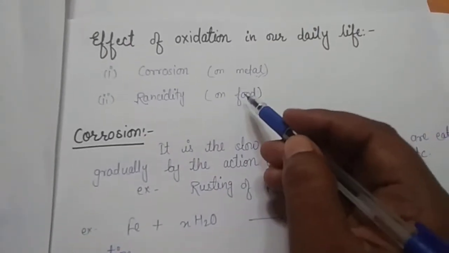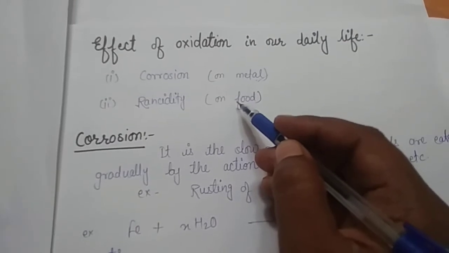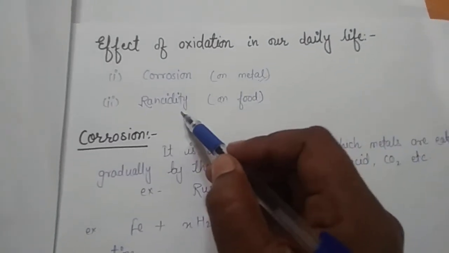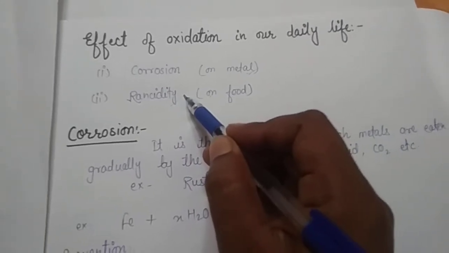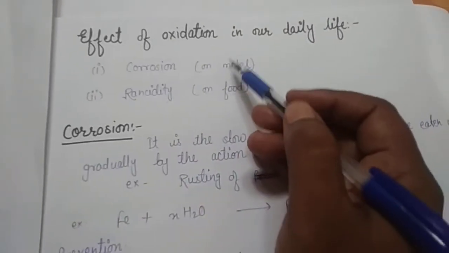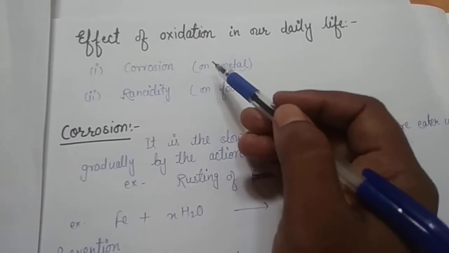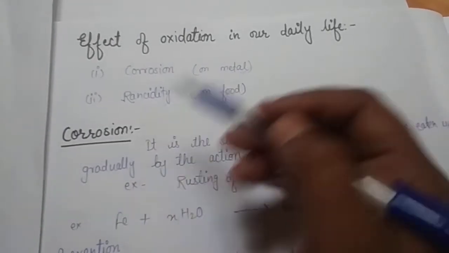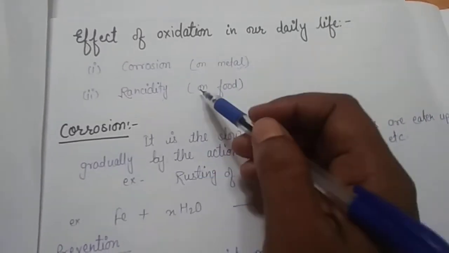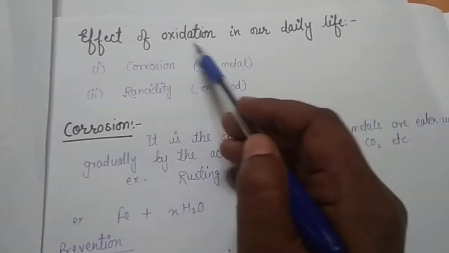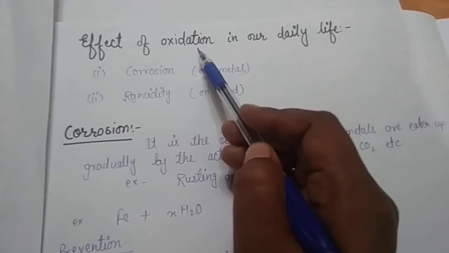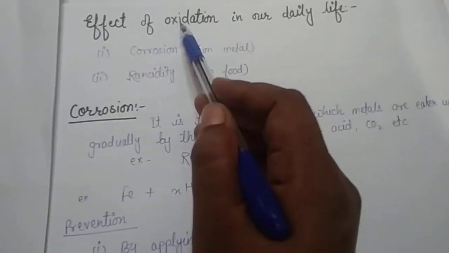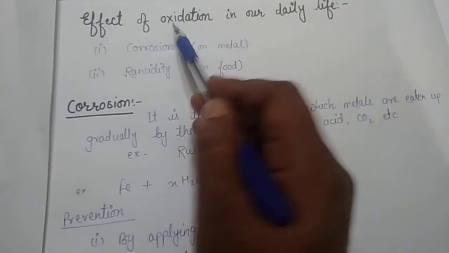And if there is a harmful effect of oxidation on food, that is rancidity. Clear, children? Let us see how oxidation plays an important role, because without oxidation, no substance will burn. So oxidation is also important for combustion.